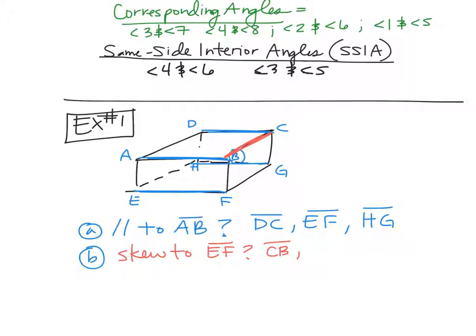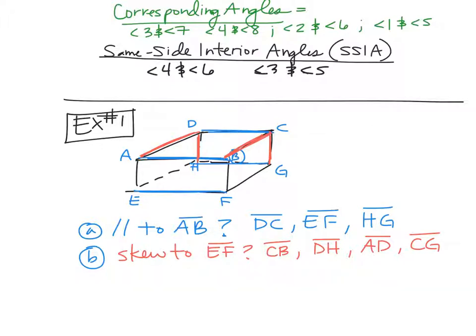DH would be one. No. What else? There's 2 more. AD would be one. And CG would be one. Okay, so those are skew.